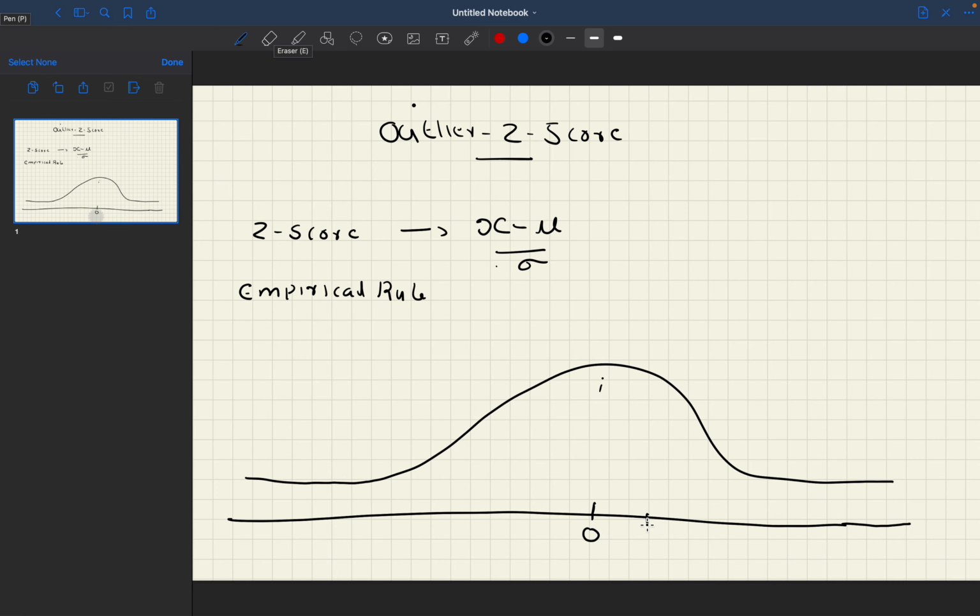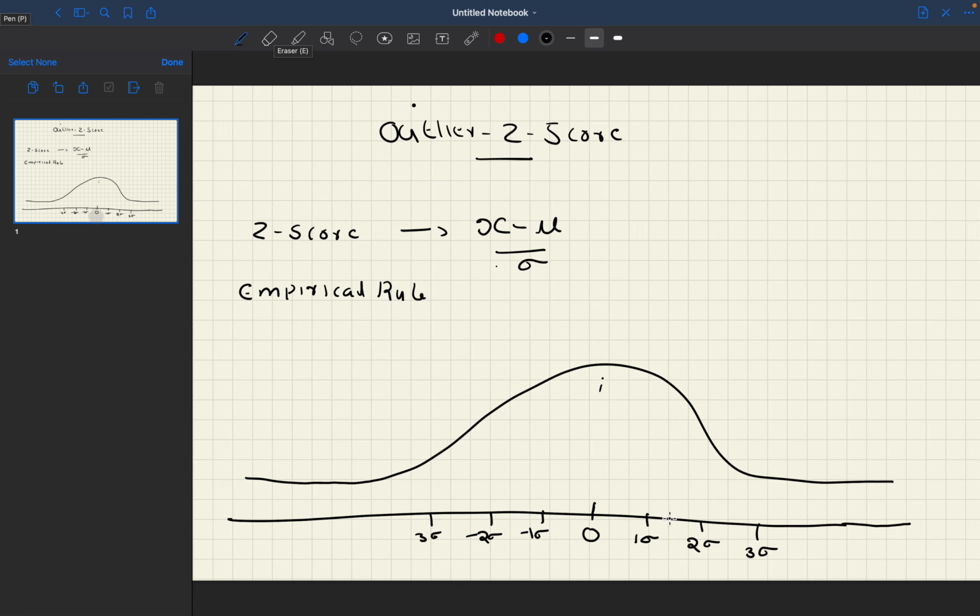This is the first standard deviation, this is the second, and this is the third. When we go from the mean to the right, we get positive values, and if we go to the left, it will be negative standard deviations.